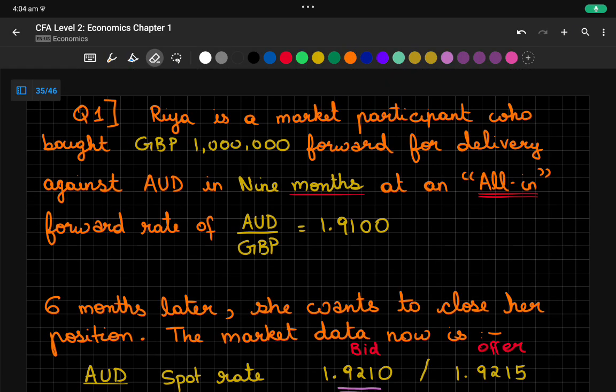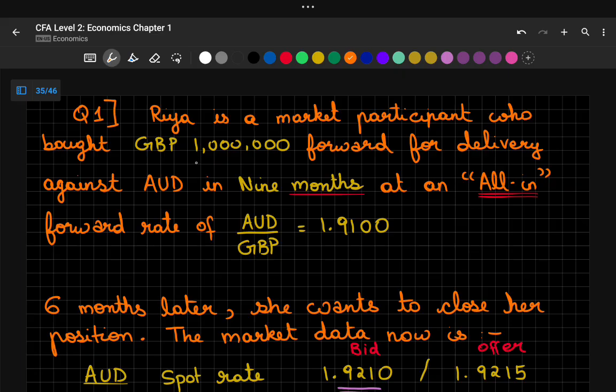In this question, they have said that Ria is a market participant who bought GBP 1 million forward for delivery against AUD in 9 months at an all-in forward rate of AUD to GBP equal to 1.9100. So Ria entered into a 1 million GBP forward for delivery against AUD.